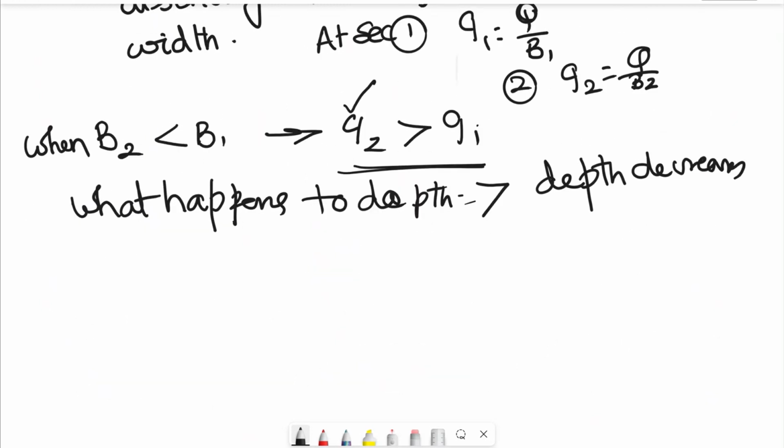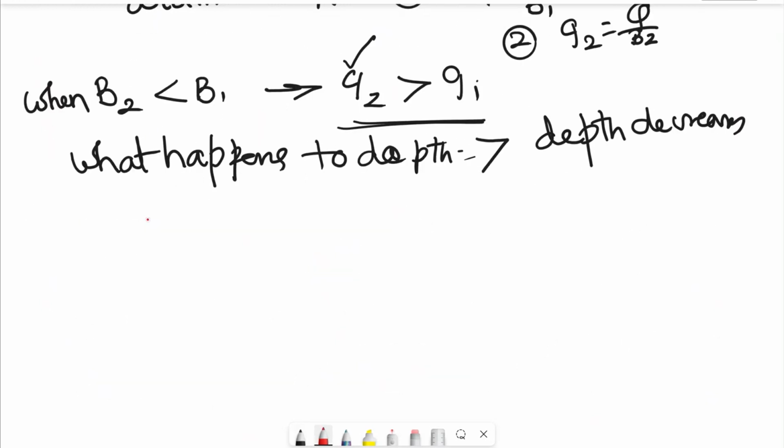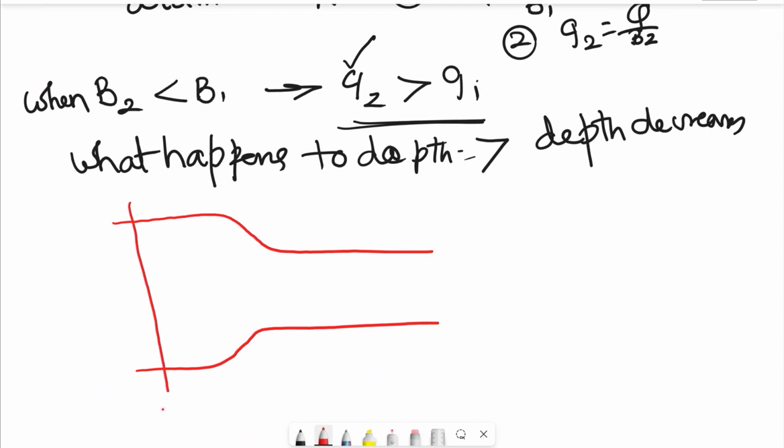So suppose this is our channel transition. This is section 1, this is section 2. Here it is B1, here it is B2.